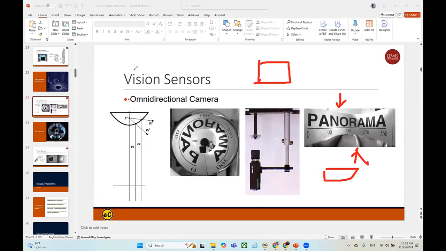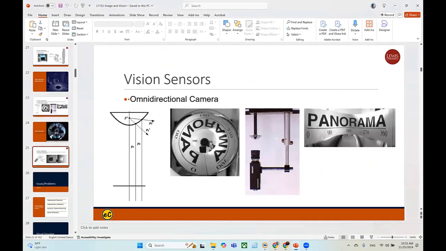So this panorama means that there's a room, and you may have a banner panorama hanging over, just surrounding the house. And this fisheye can take such an image and then be used to recover the whole 360-degree view of the room. So there are things like that.